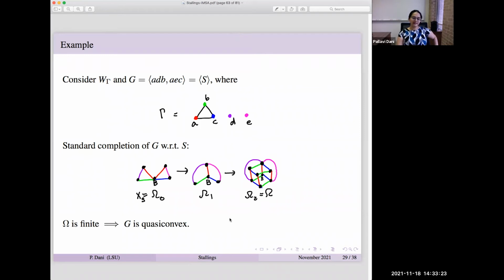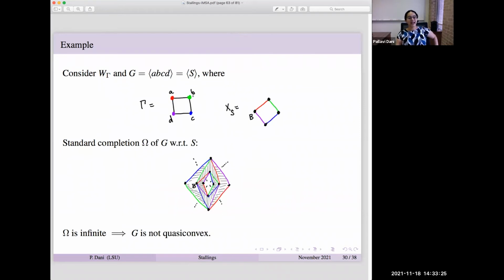On the other hand, in our second example, we had gamma given by this graph, and then the subgroup generated by A, B, C, D, and we saw that the completion was infinite, and that tells me that that subgroup is not quasi-convex.